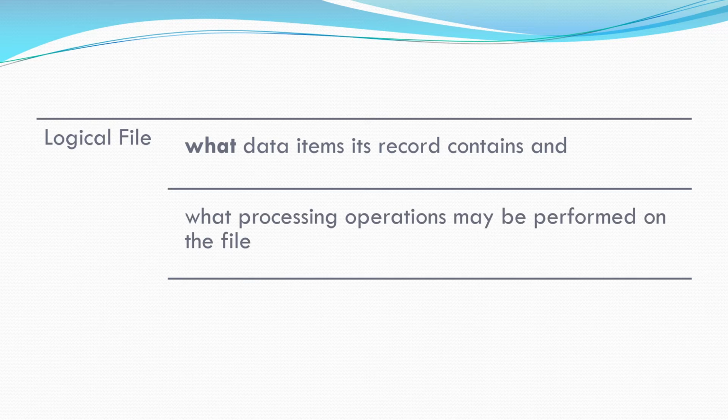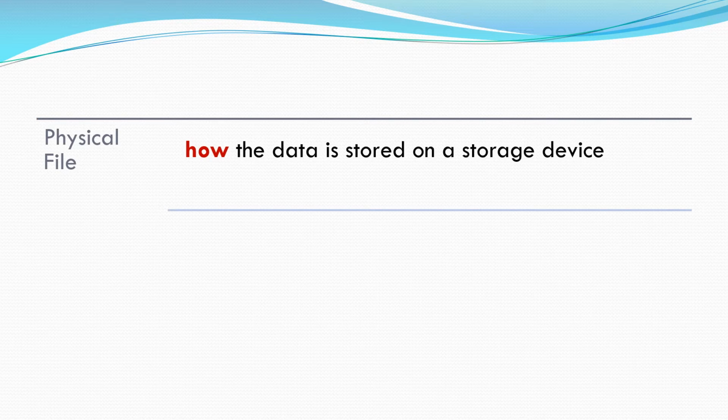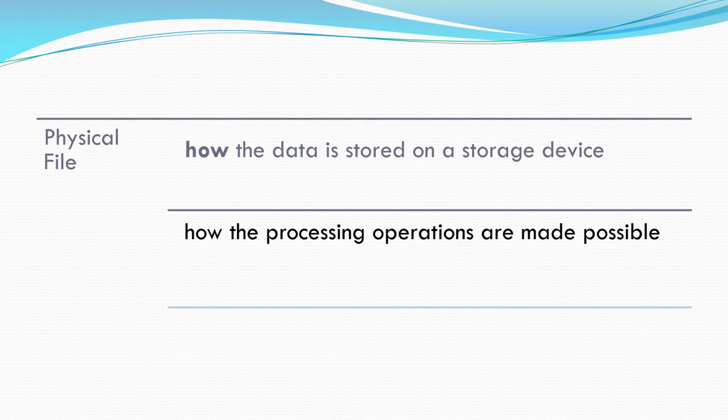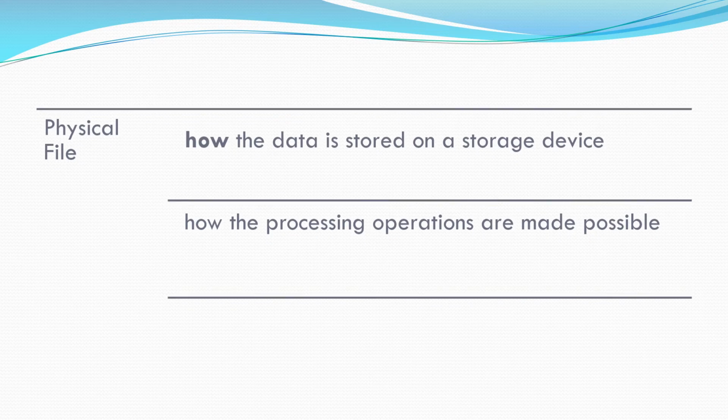Means what we are going to store as a record, and what different processing operations are performed on that file, that is called a logical file. Whereas a physical file is viewed in terms of how data is going to be stored on storage devices and how the processing is performed on that particular file. That is called a physical file.